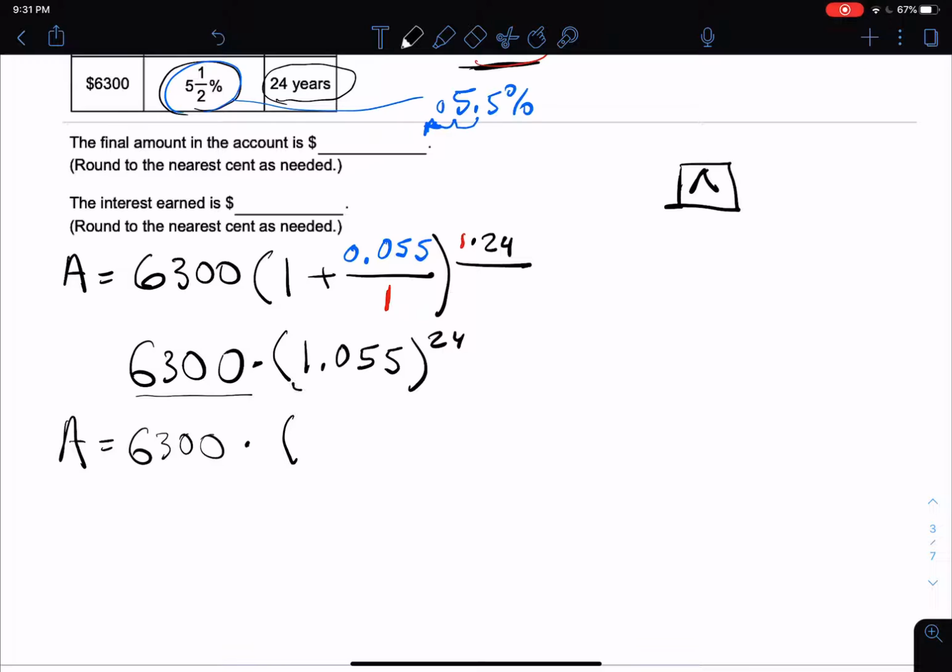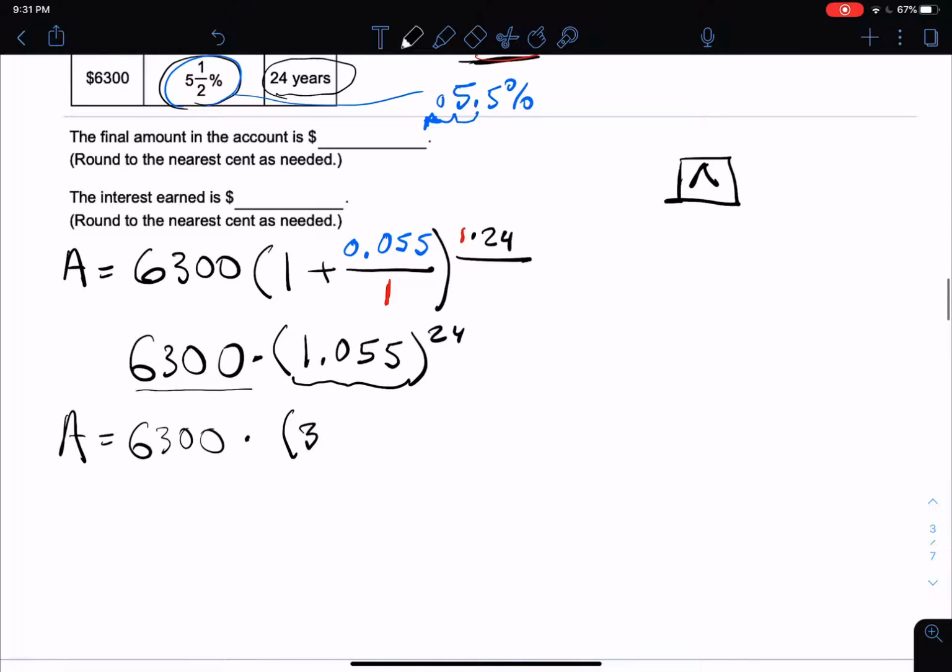What does this amount to? Well, it amounts to about 3.614589904. It keeps on going. You just want to leave that in the calculator. Don't erase it. Don't type that back in. Just leave it in and then multiply it by 6,300. And now we round it to the nearest penny.